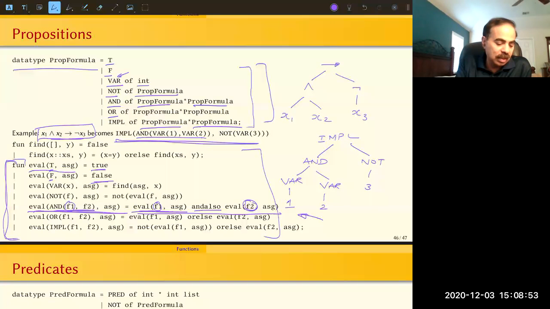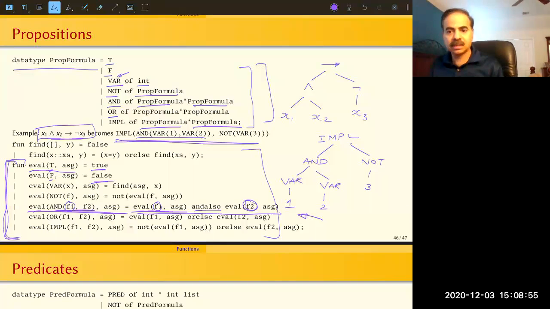So there's a definition of evaluation. You can run this and then see what it produces as the output. That way you have a way of checking whether your understanding of some concept is correct, right?